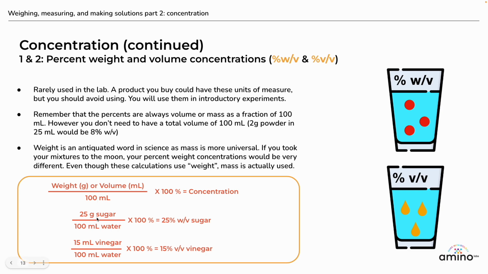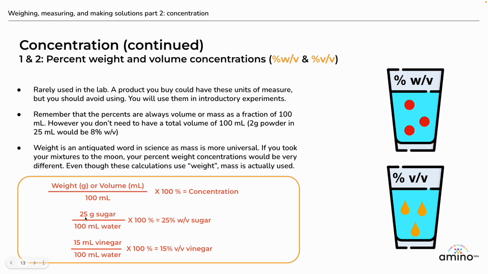So here's just 2 examples of how you would calculate. So we've got, again, you've got a weight or a volume that's over 100 milliliters, for example. It could be in ounces. You could have various other units, but it would be very common to have grams or milliliters over milliliters. You times that by 100%, and that gives you your concentration.